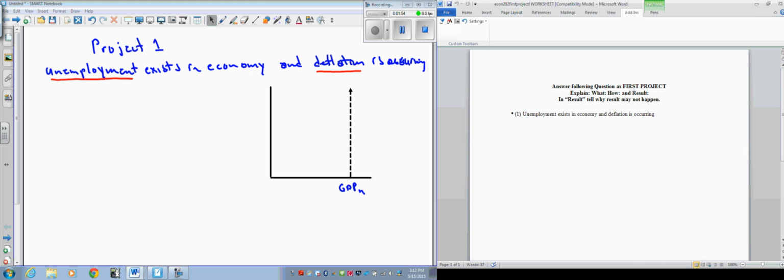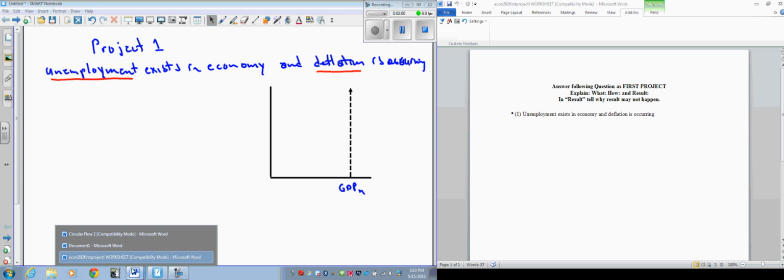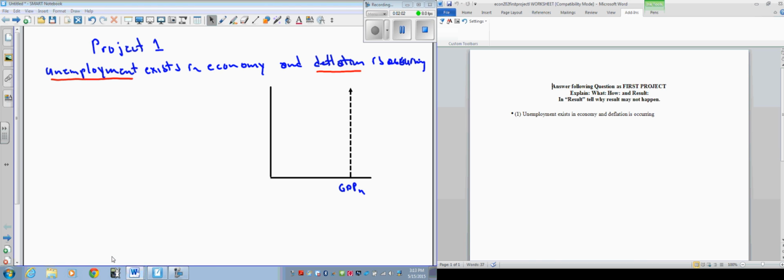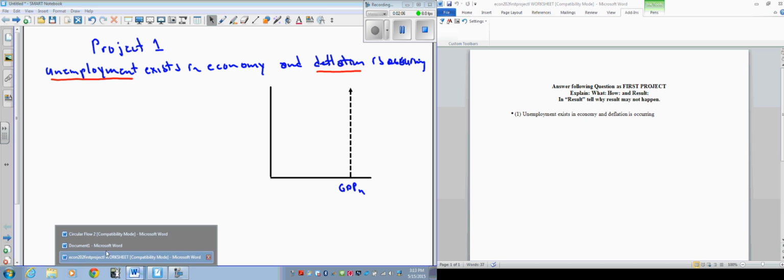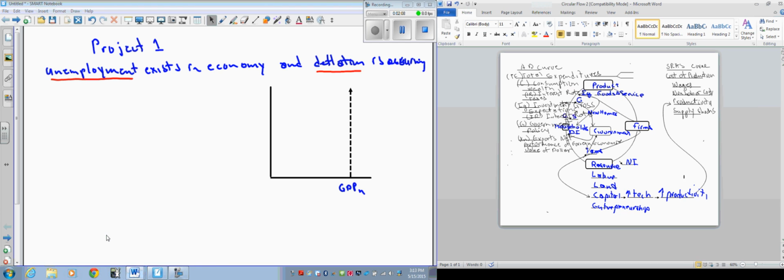So in this circular flow, this GDP is in this box right up here.